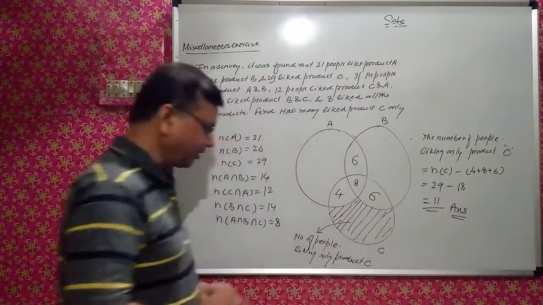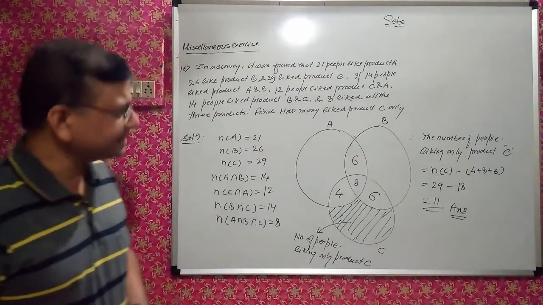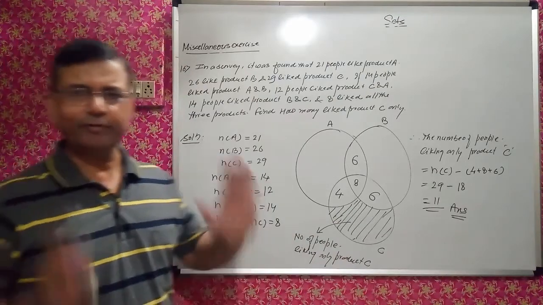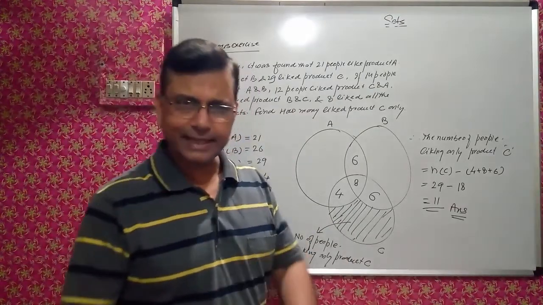So the number of people who like only C is 11. This is the answer. This way we have completed this exercise.